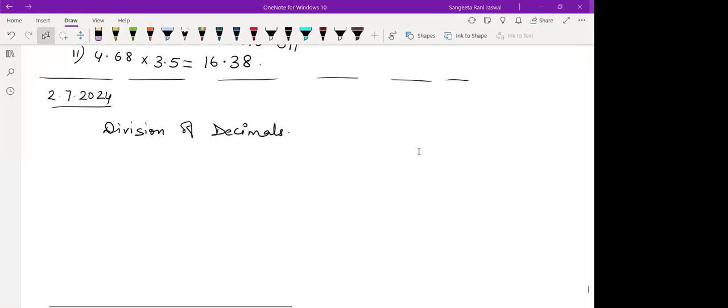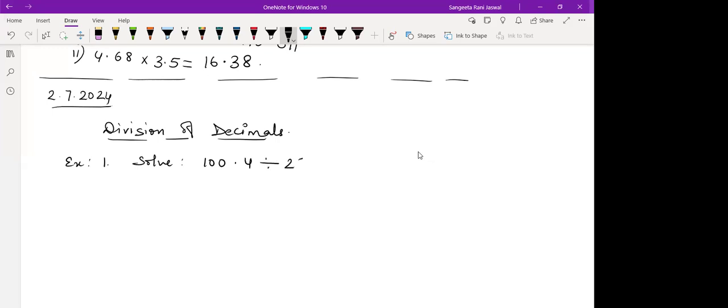Okay, we are doing division of decimals. Let's take an example. I'll show you how we do that. Now I'm taking the example of dividing a decimal number with a whole number. Let's suppose example number 1. Solve 100.4 divided by 25.